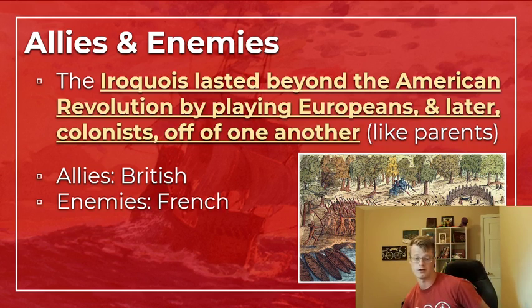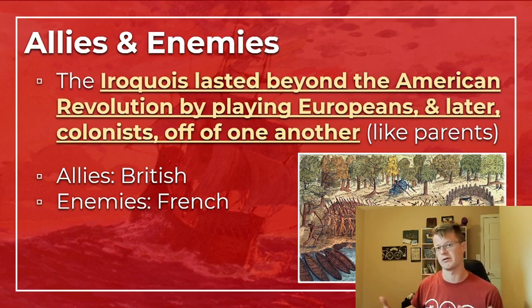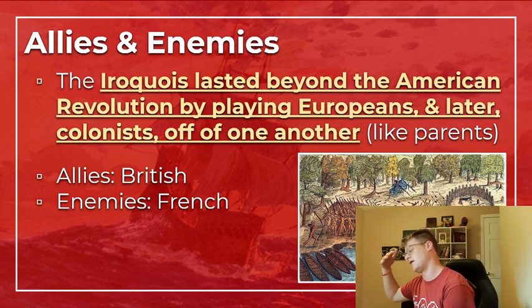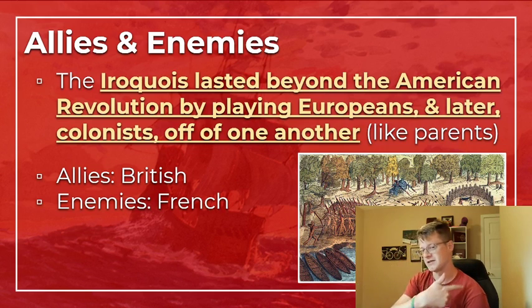This is kind of like playing your parents off of each other. If your mom says you can't do this, and then you go to your other parent and say, this person said this, can I? And they're like, yeah, fine, sure, right?